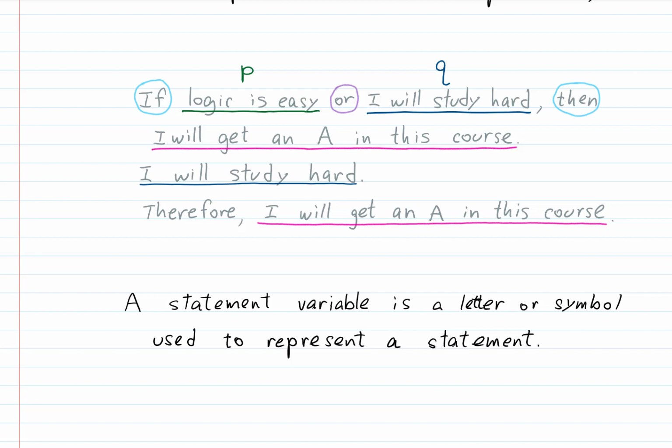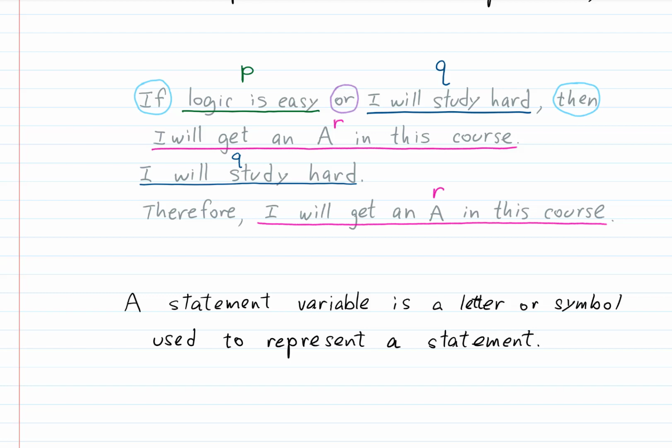It doesn't mean that the letter P is true. It means that the statement that P stands for is true. Okay? All right, and let's see the one I underlined in pink. Let's call that statement R. Okay? See that we have Q again here, and we have R again here.